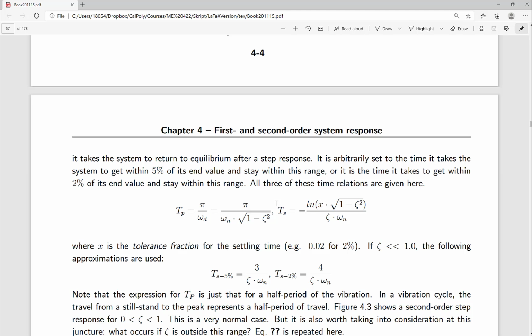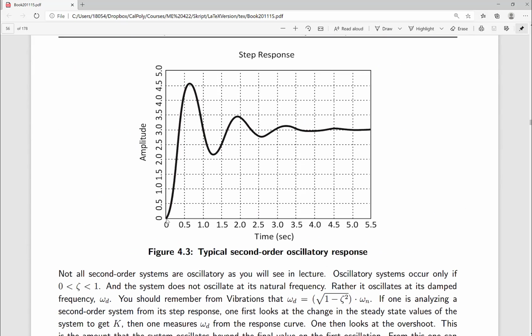And the settling time, of course, these are just given formulae, although I described where this one comes from. The settling time itself is how long it takes to get from the beginning to the end. Now the end is kind of hard to define because it's still wiggling and the wiggles die out rather slowly.